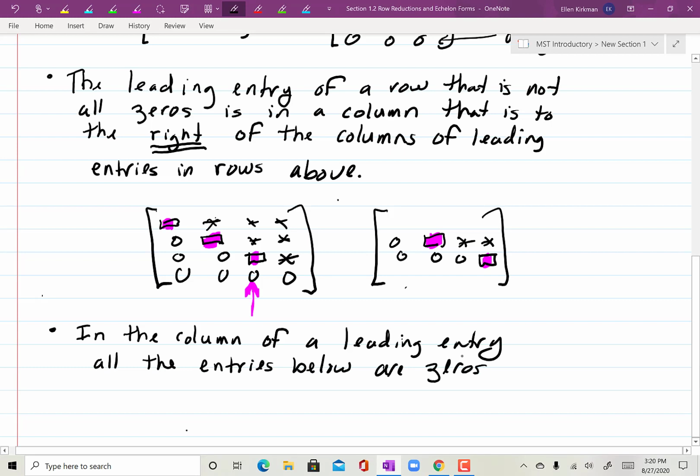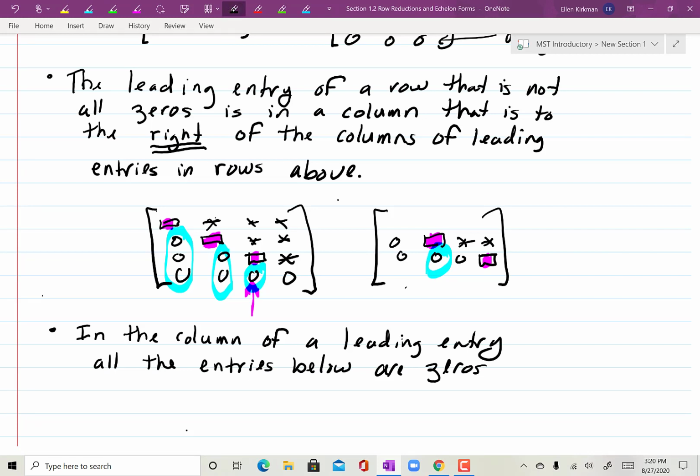You can see in my picture here, these are all 0. Here I have a leading entry, but below it everything is 0. Below it everything is 0. Below it everything is 0. So if it satisfies all those conditions, that's all it means for it to be in echelon form.